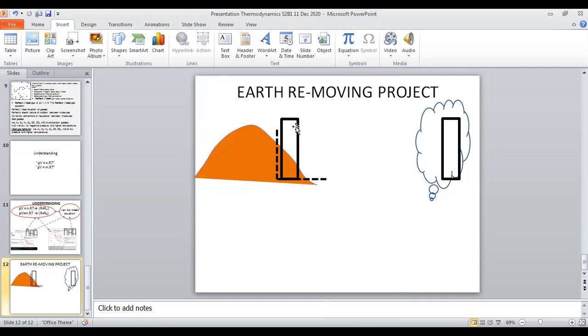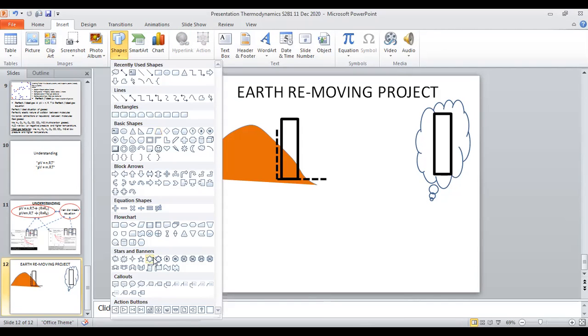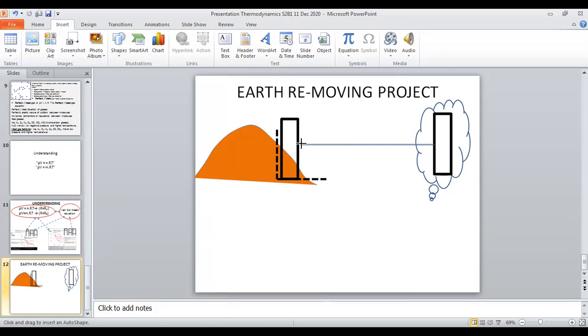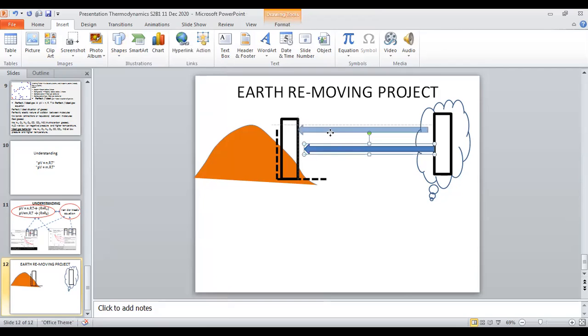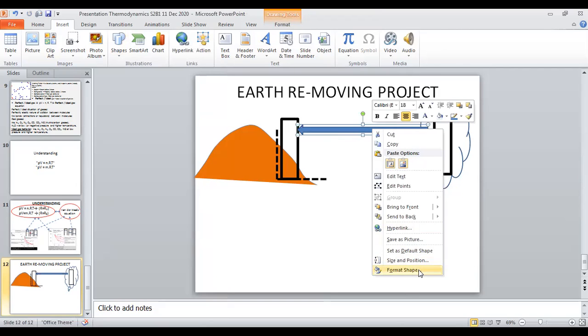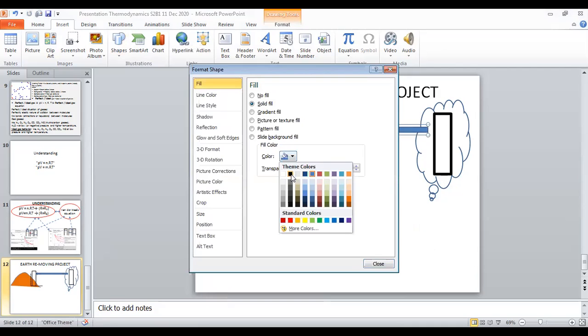Put this building, which is in your mind, here. To realize this.